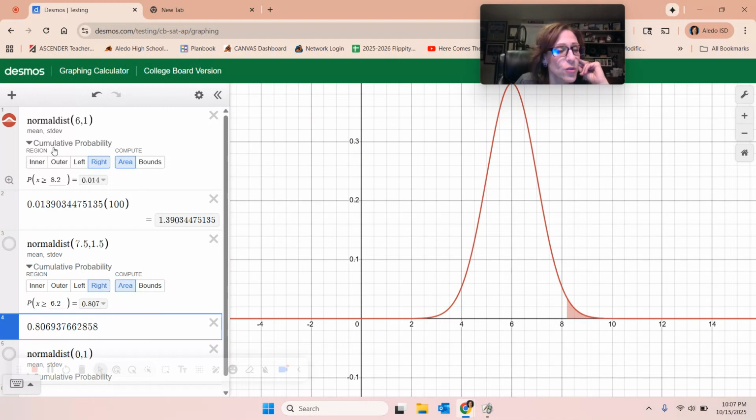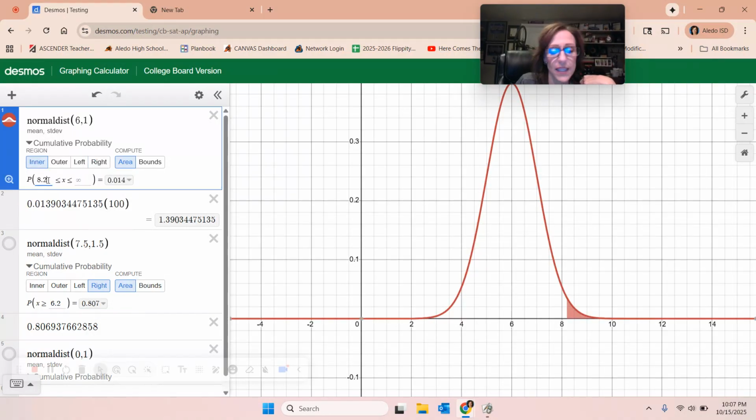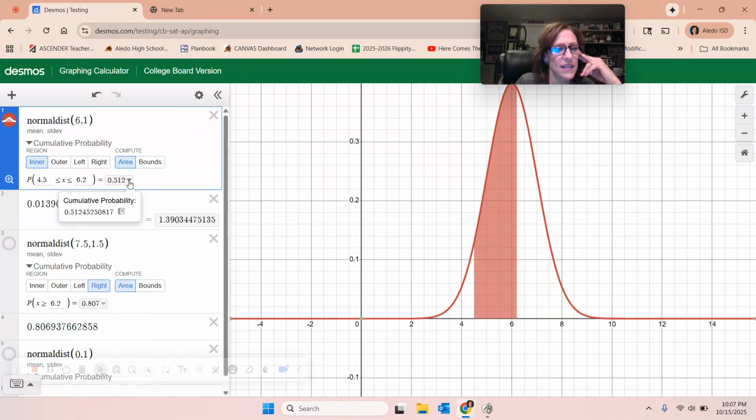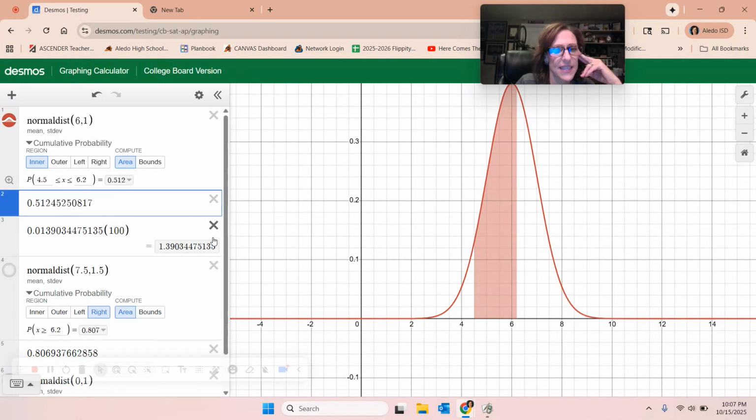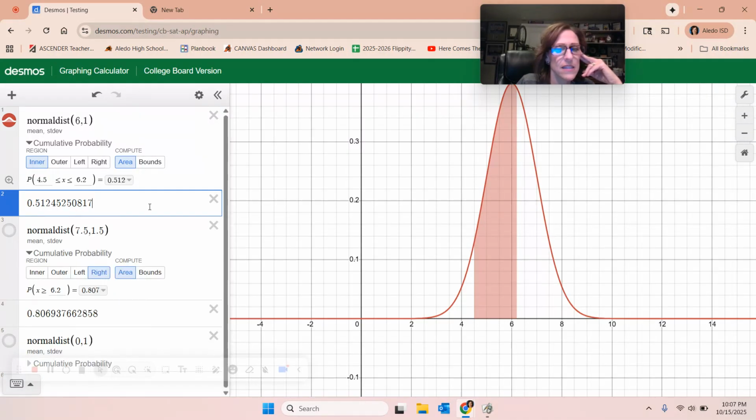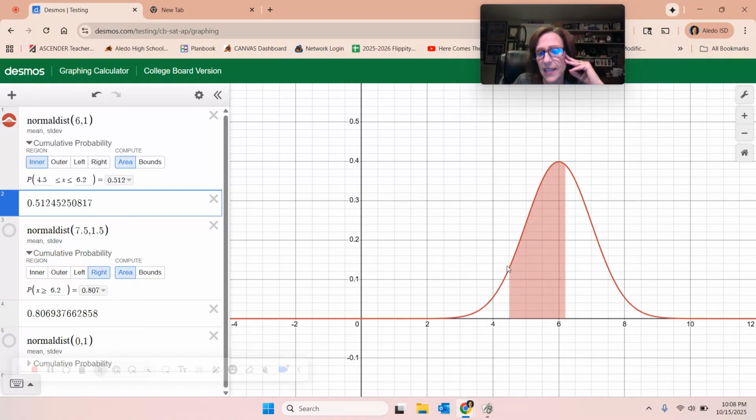So I want the cumulative probability of the inner area between 4.5 and 6.2. I think that's it. And then I'm going to copy that down. So there it is. And here's my picture. This is the shaded proportion of apples that are in between 4.5 and 6.2 ounces.